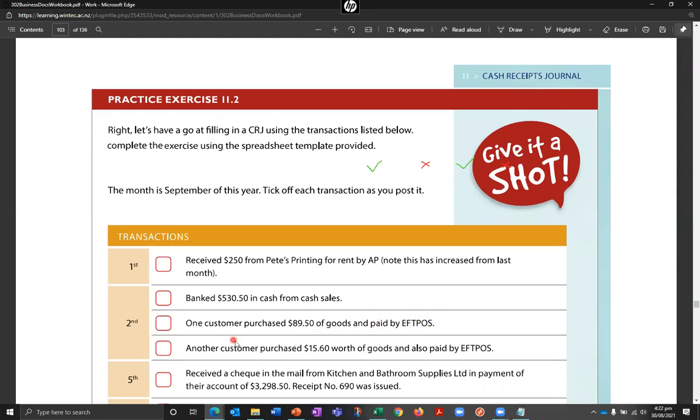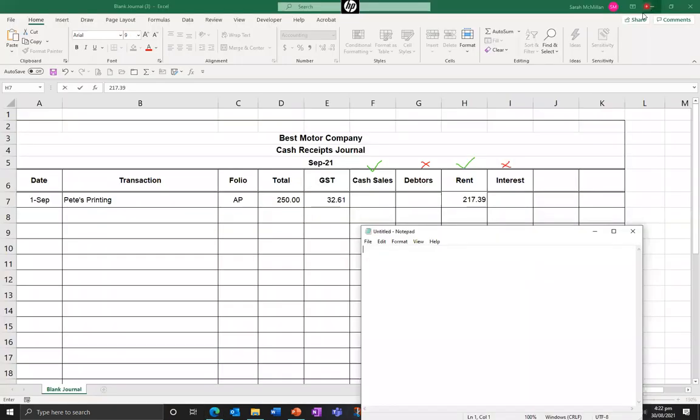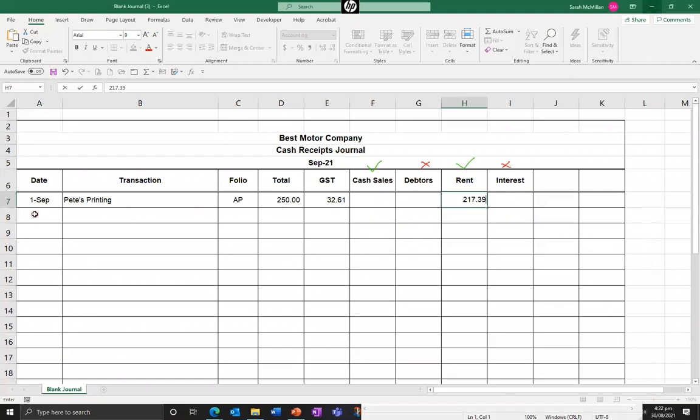And then we had another customer who purchased $15.60 and also paid by EFTPOS. So when you have a date that has more than one transaction, you can either leave one date here and write the 3 transactions, or you can write the date on all 3 of those lines. That is up to you.